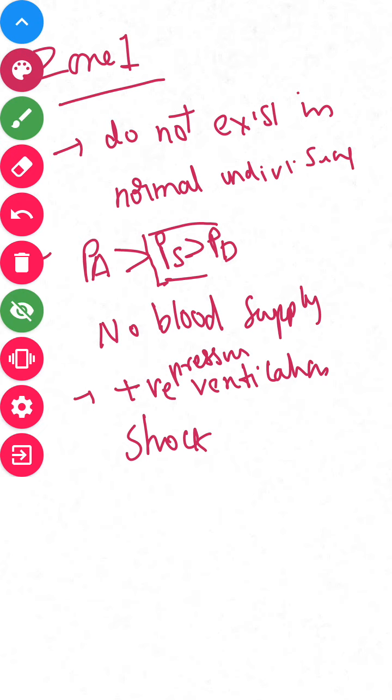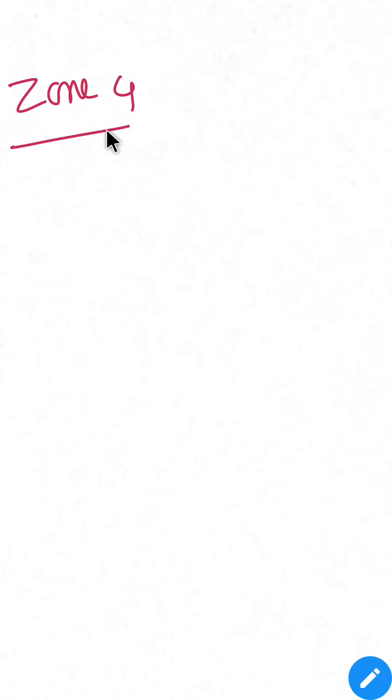Let's see zone 4. This is present at the base. I told you at the base zone 3 is present, right? Even at the utmost base, this zone 4 will be there.